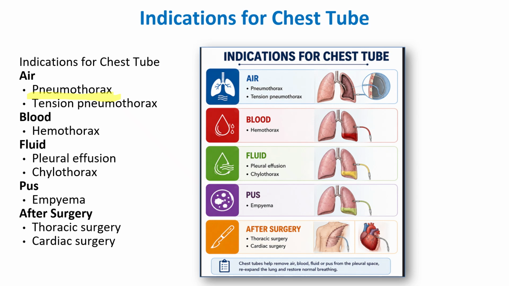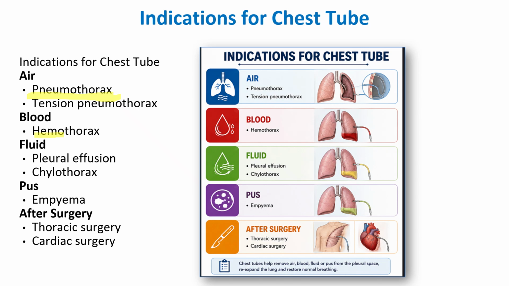Due to any road traffic accident or chest trauma, some amount of air may enter the pleural cavity, causing pneumothorax. Any stab injury or trauma to the lungs will make air enter the pleural space. In such a situation we have to put the patient on ICD.